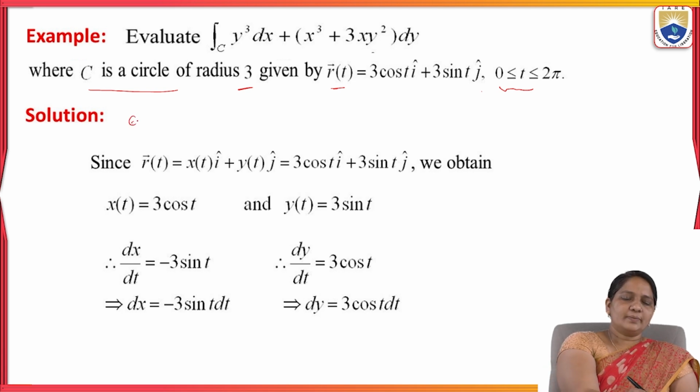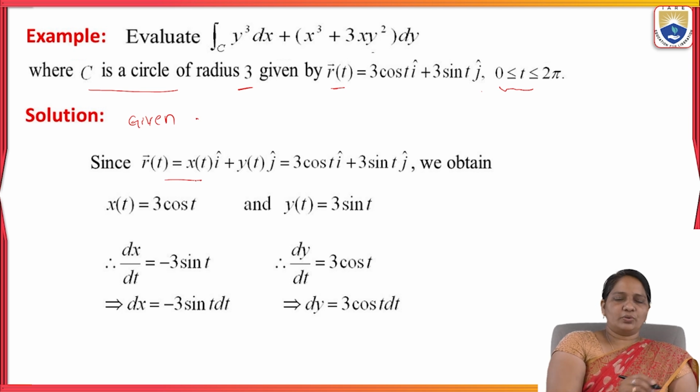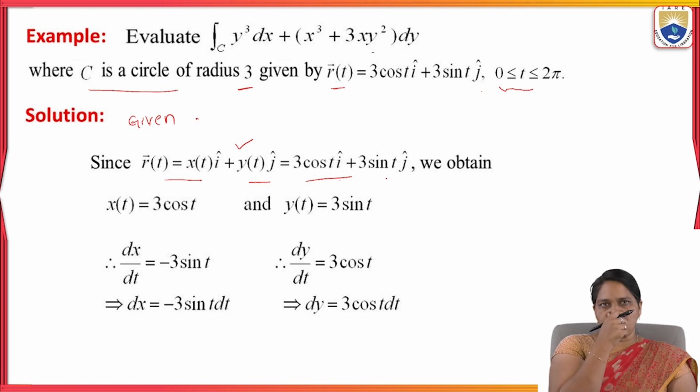Now, they gave r of t equal to x of t i plus y of t j. So the value given in the problem is 3 cos t i plus 3 sin t j.